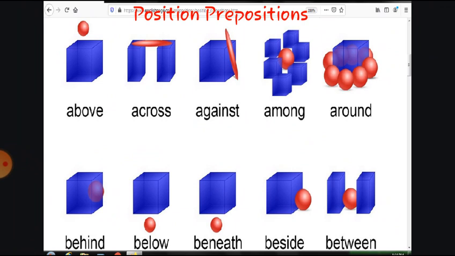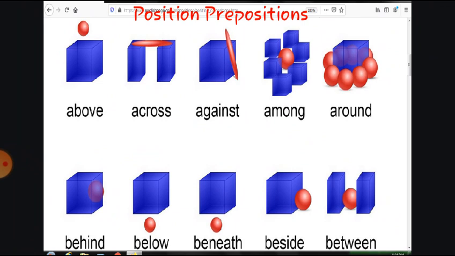A red ball is above the blue box. From this example, you should learn that whenever something is directly above other thing, then above as a preposition is used. So this is about above.